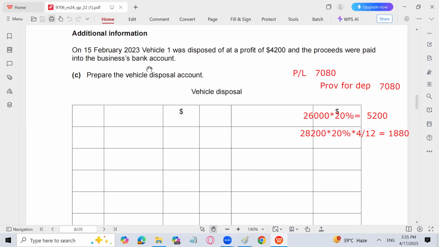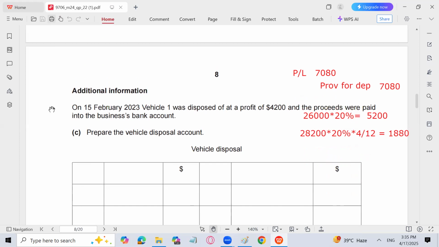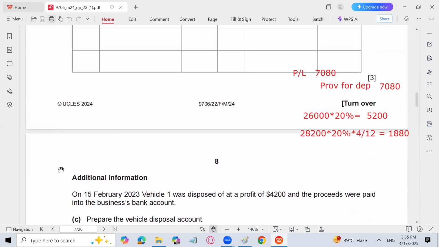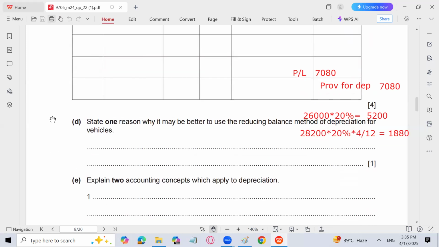That's how we will charge depreciation, because in 2023, the asset has been used for 1 month, January, and for 15 days of February. And then it has been sold. So we have to calculate maybe depreciation.